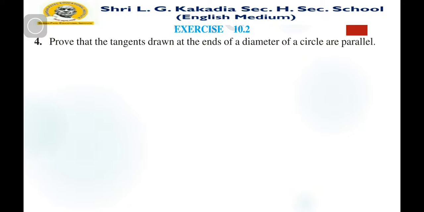For that, we are going to use theorem 10.1: the tangent to a circle is perpendicular to the radius of the circle. By using that, we are going to solve this.